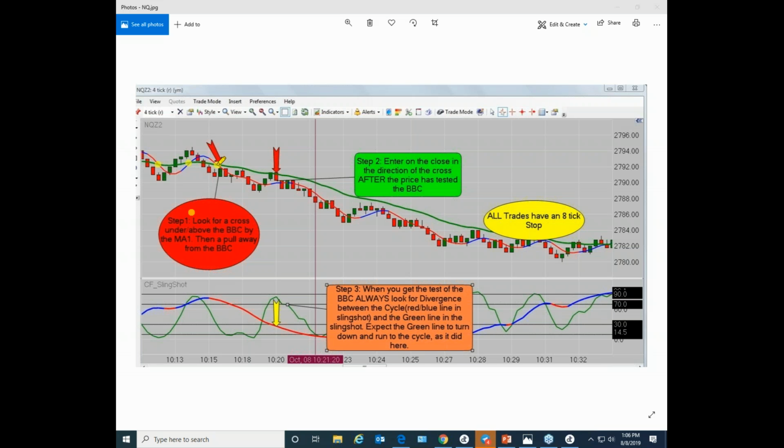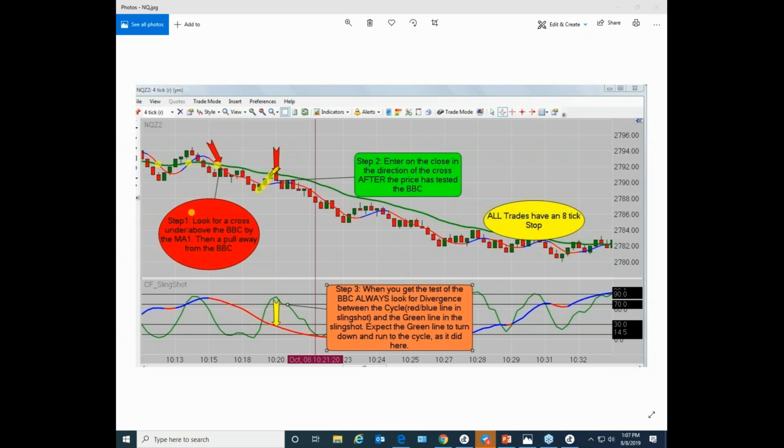The normal thing for the market to do after the cross, because that gets the ball rolling, is to gravitate or flag or trade to the BBC or that green line. That is what you're looking for the market to do, which is pull back to the green line.